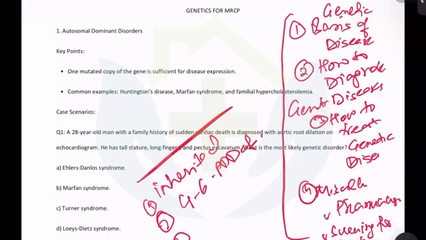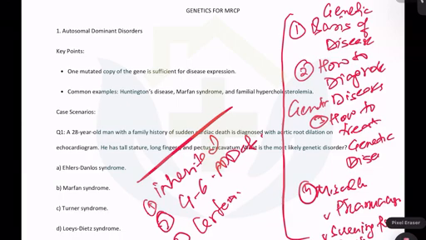Number three, certain cancers are more common in certain genetic disorders. Number four, certain structural diseases are more common in certain genetic disorders. So we as doctors have the responsibility to ascertain if somebody is carrying a gene or a chromosome which can affect the offspring or their own life in a particularly wrong fashion.